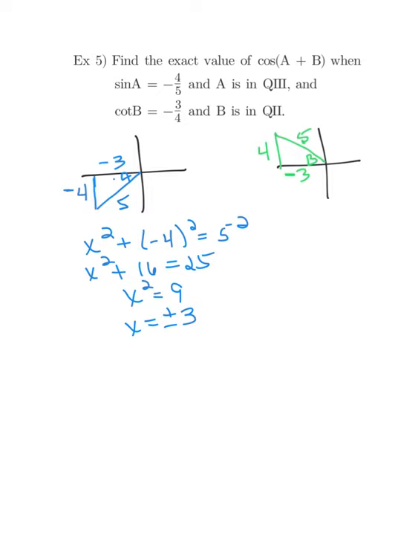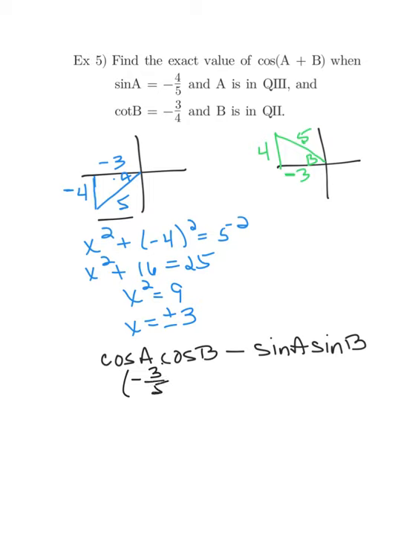Now we know what kind of signs we have to worry about. The cosine formula is cosine A cosine B, and because that was addition, we do minus, do the opposite, sine A sine B. Now go to your angle A. Find the cosine for angle A. If we are in angle A, cosine is x over r, negative 3/5.